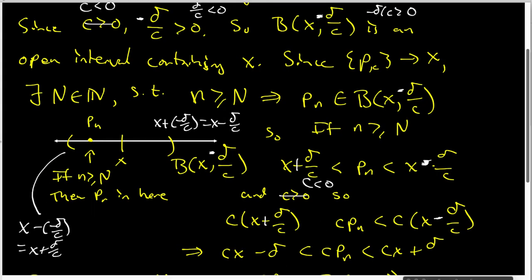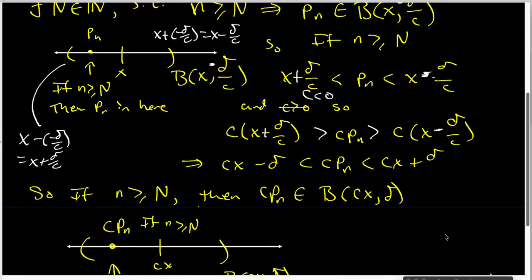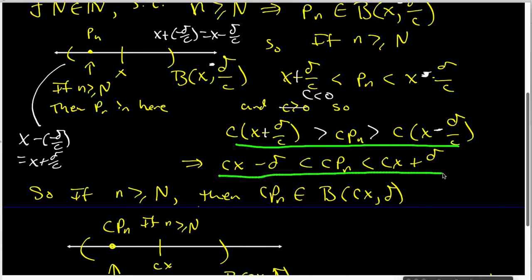So that less than is going to become a greater than, and this less than is going to become a greater than. And what happens then is that I can then turn this inequality around to get that one.